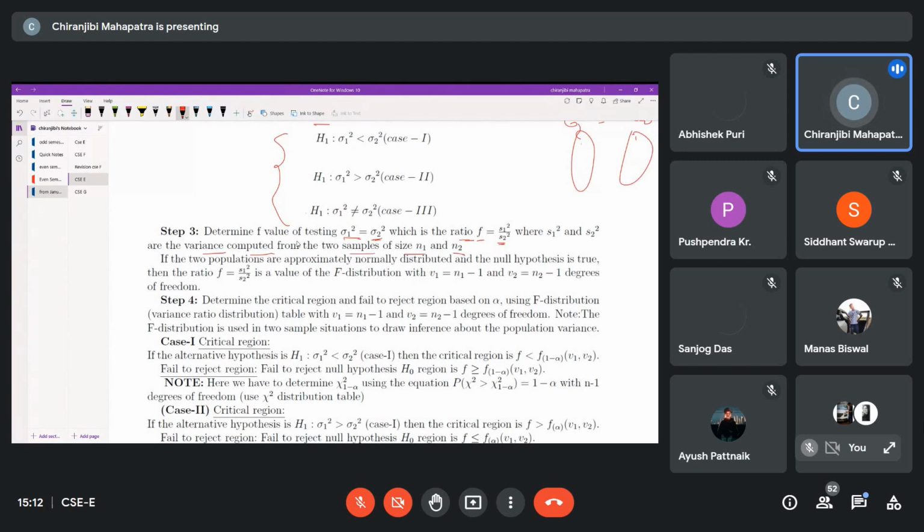If the two populations are approximately normally distributed and the null hypothesis is true, then the ratio F, this s1 square by s2 square, what is it actually? The F statistic we find out is (n minus 1) s square by sigma square, divided by (n minus 1), s1 square, let's say s2 square divided by sigma 2 square.